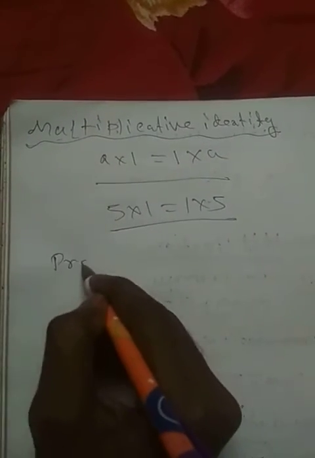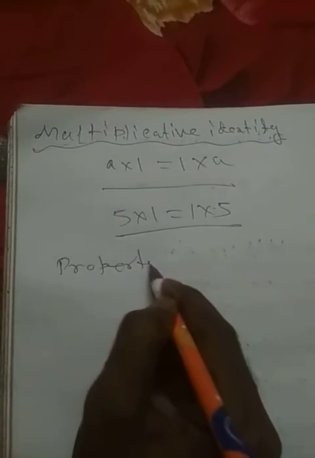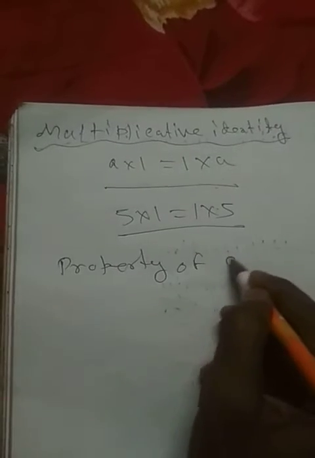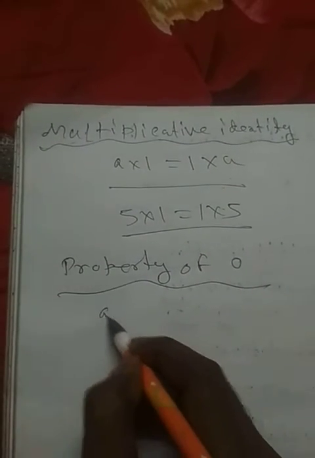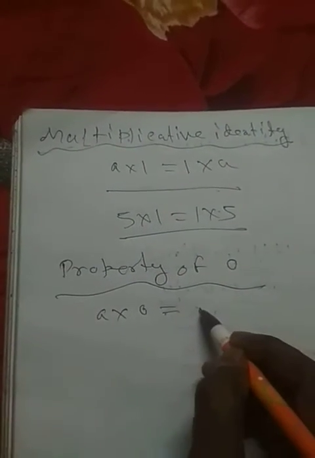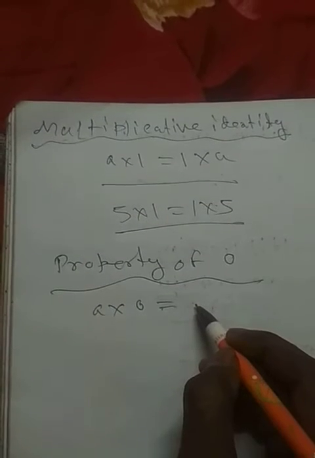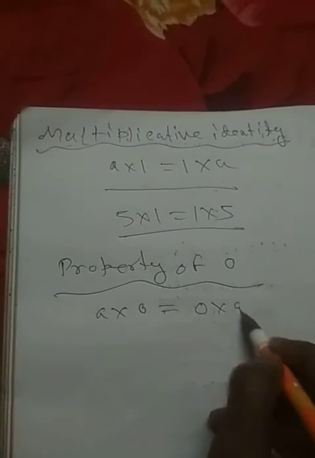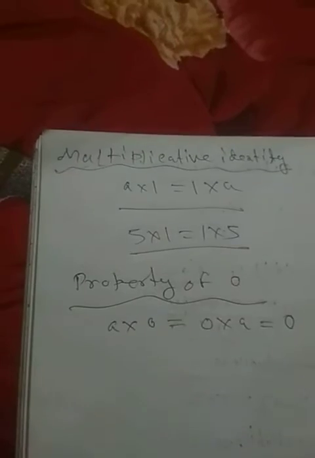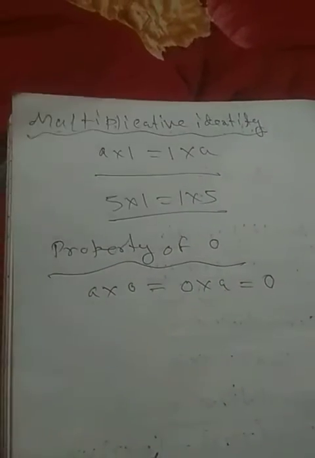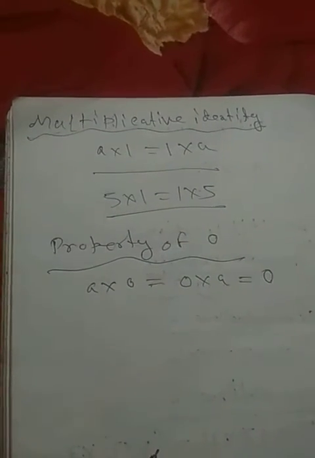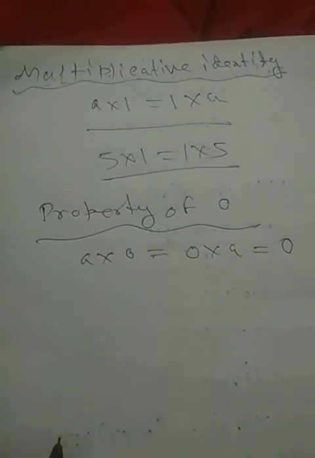Property of 0 says if you multiply 0 with any number, the result will be 0. This is known as the property of 0. These are the properties you have learned.